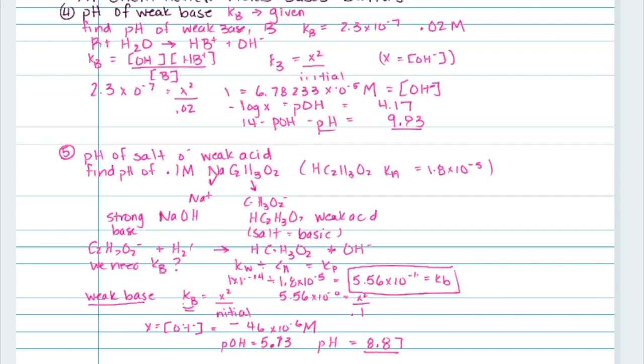So we will set the Ka of 5.56 times 10 to the minus 10 equal to x squared over 0.3. My x equals my H plus concentration, which is 1.29 times 10 to the minus 5 molar. And when I negative log that, I get a pH of 4.89, which makes sense because the salt of a weak base will have an acidic pH.